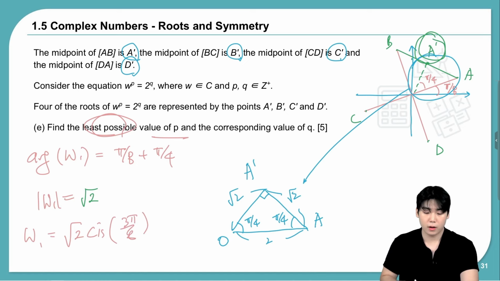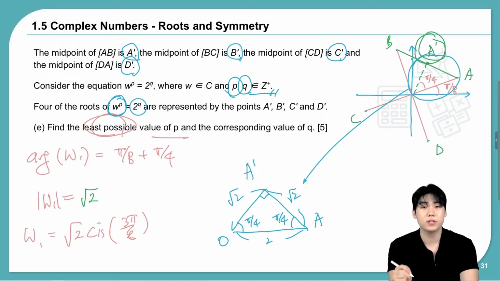Right? But what I want to do is, I want omega to the power P to equal 2 to the power of Q, for which P and Q are positive integers, right? We want them to be positive integers.